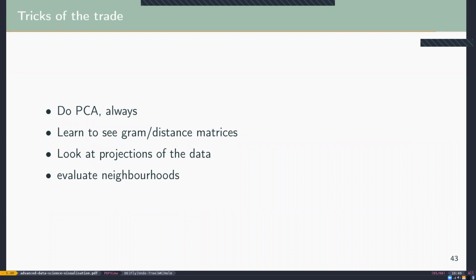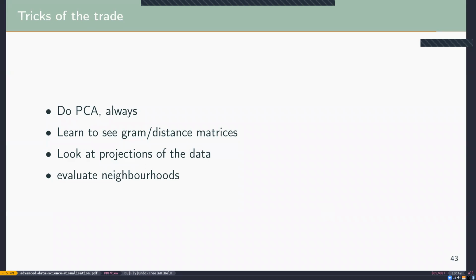So, always do PCA. Second thing is, these matrices, if you look at Gram matrices, distance matrices, covariance matrices, even if the data is much higher than 2-3 dimensions, you can still, after a while, start getting a notion by looking at something and seeing, oh, I kind of have an idea of how this varies.